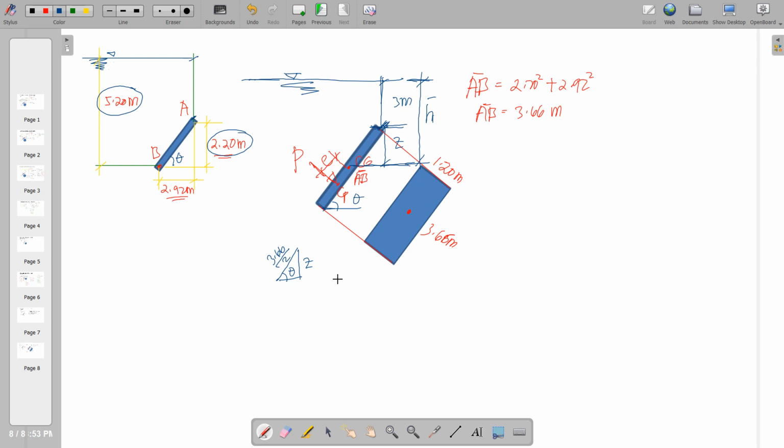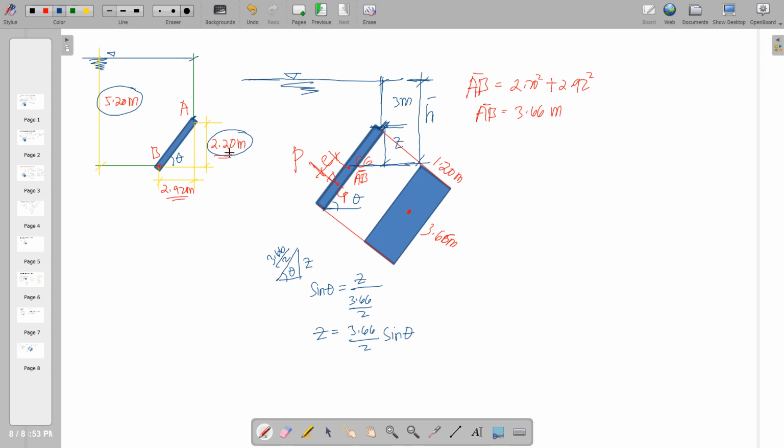Relate z and 3.66 by function of sine. So sine theta is equal to z all over 3.66 over 2. Therefore, by cross multiplication, z is 3.66 over 2 times sine of theta.